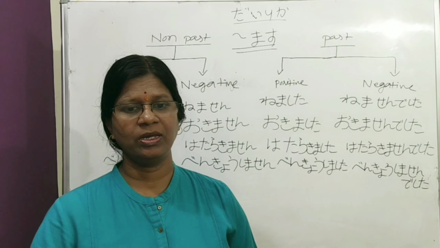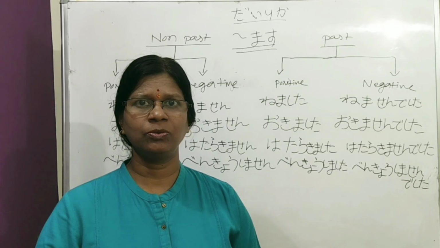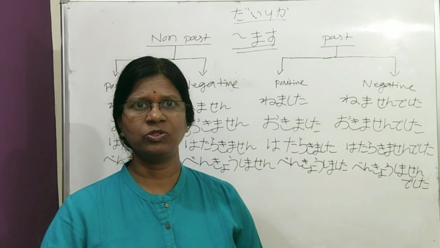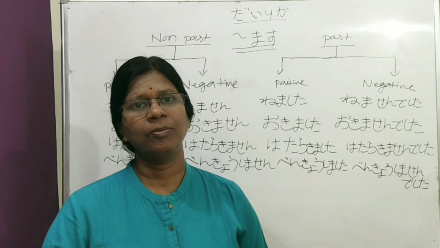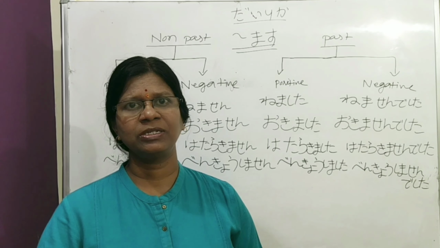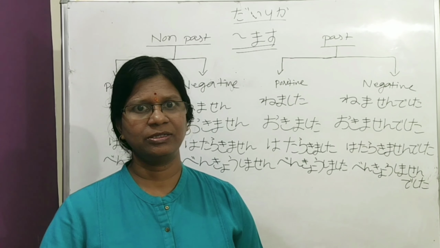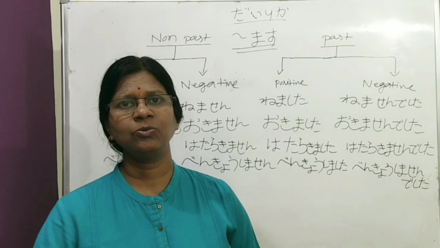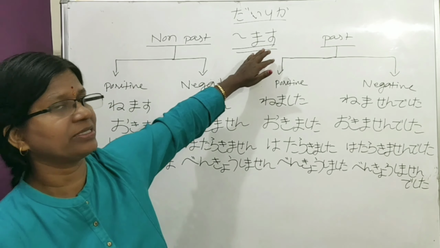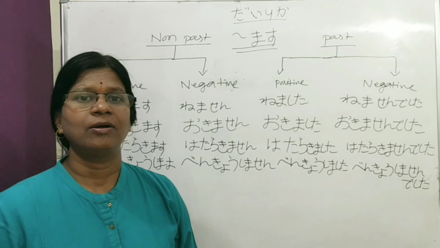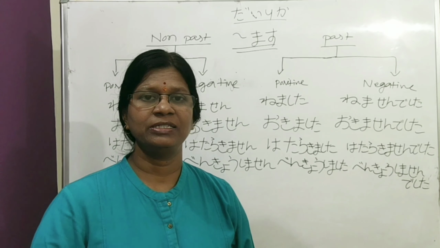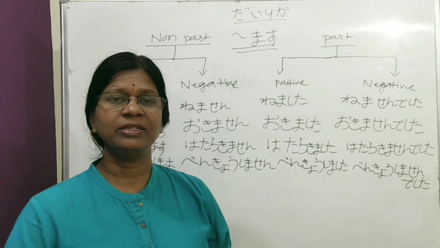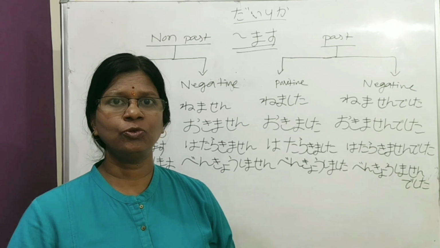Okay? In lessons 1, 2 and 3, we learned noun sentences, positive sentences, negative sentences and question sentences. In this lesson, we are going to learn masu. My dear friends, in Japanese grammar, the tense is divided into two parts.